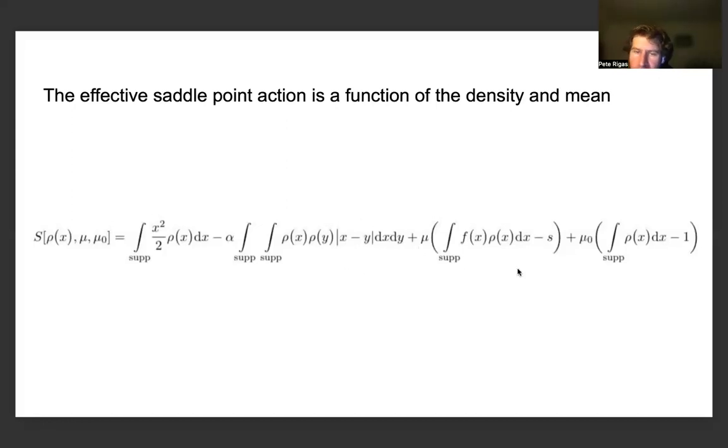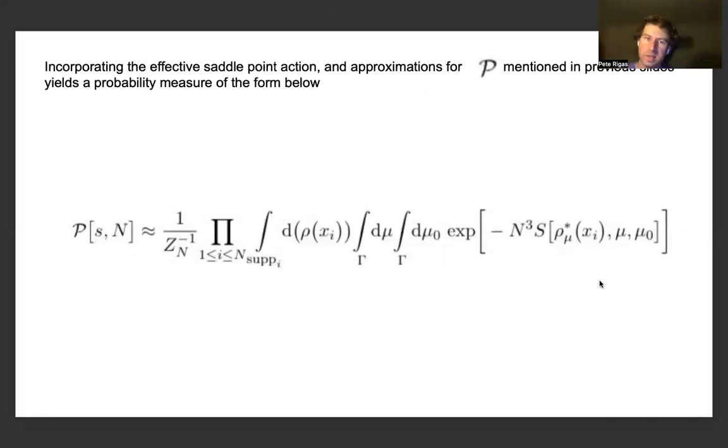And the 2 other terms are given as integrals over the support that are either proportional to the mean mu, or the constant mu naught. Incorporating the effective saddle point action and approximations for the probability measure script p that we mentioned in previous slides yields a probability measure of the form below, in which we can approximate the probability measure script p from the effective saddle point action.